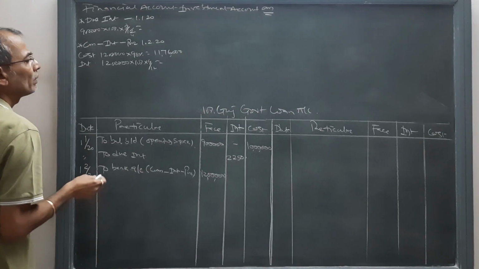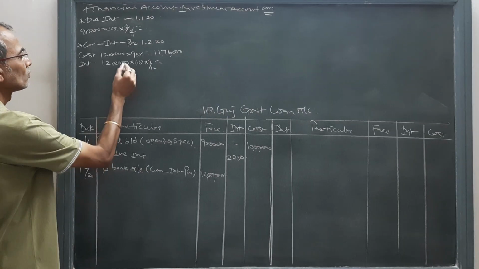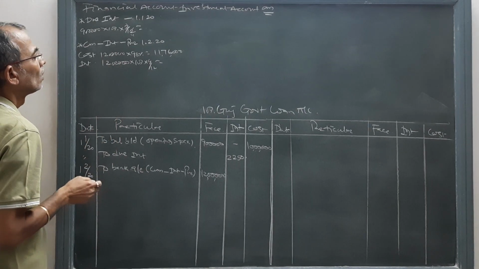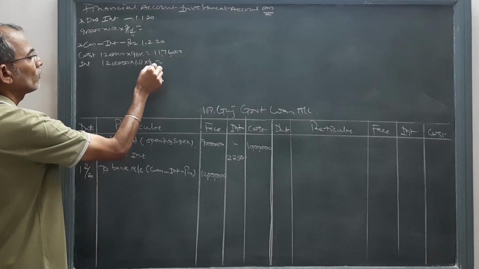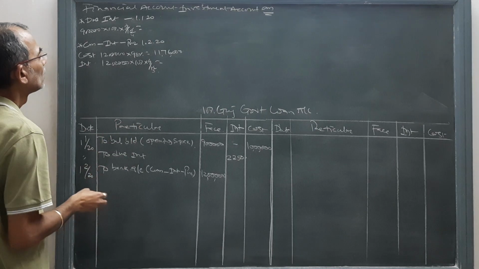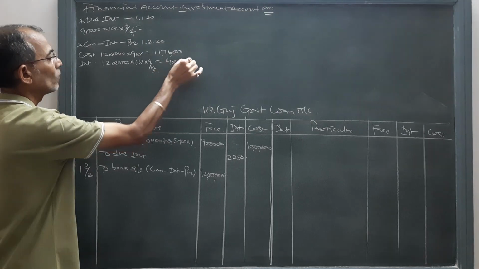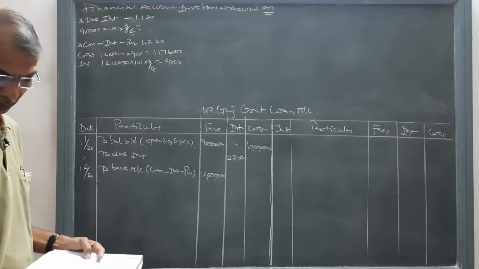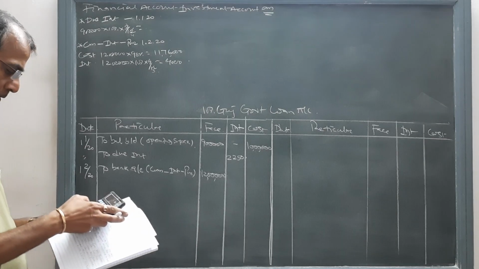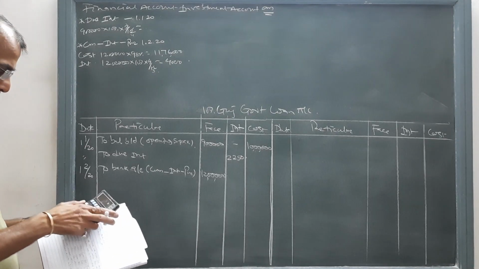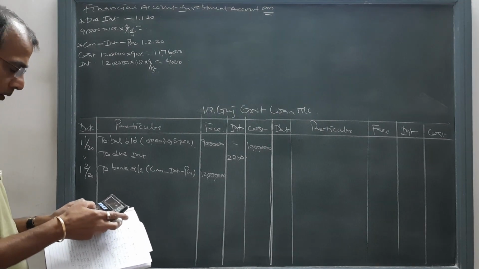That will be 4 out of 12, that is 1/3, so it will be 40,000. 12 lakh into 10% into 4/12.